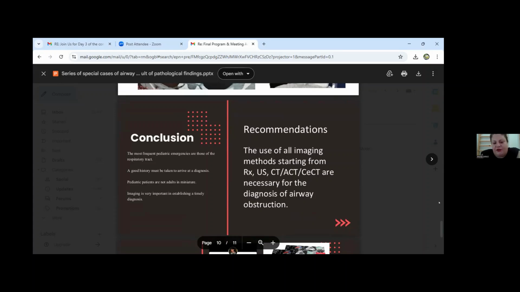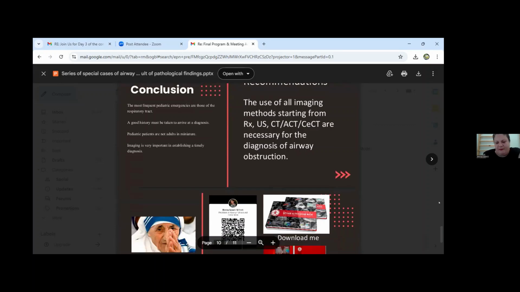Pediatric patients are not adults in miniature. Imaging is very important in establishing timely diagnosis. The recommendation is the use of all imaging methods, starting from X-ray, US, CT, enhanced CT, and angio CT, which are necessary for the diagnosis of airway obstruction.